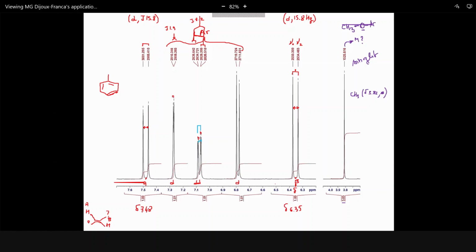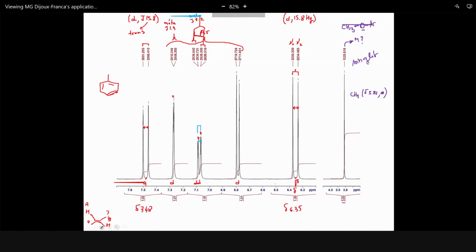So 8.2 is an ortho coupling. 1.9 is a meta coupling. This is a trans coupling.